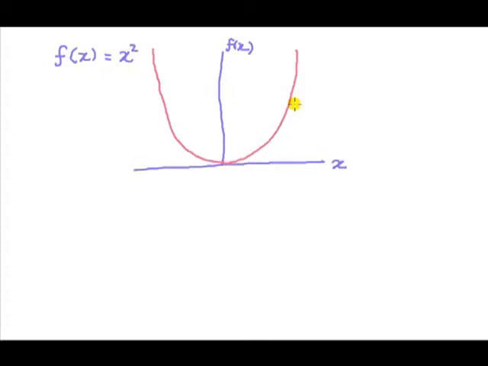We can also use it to help us sketch graphs, because we can use derivatives to help find what are known as turning points. Turning points is where the gradient changes from negative to positive or positive to negative. So here we can see if we're going this way it's negative, this way it's positive.